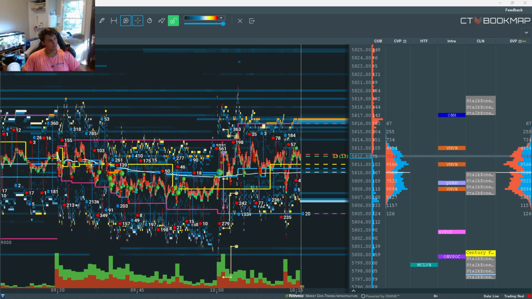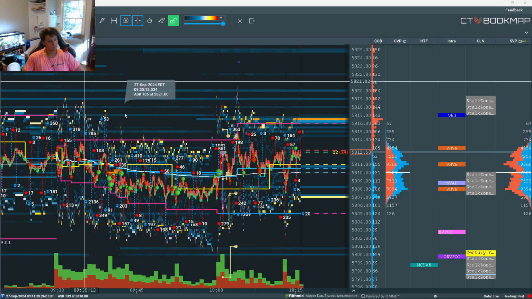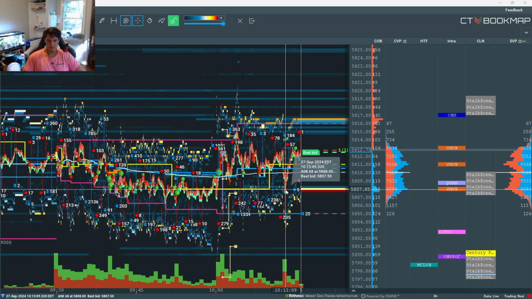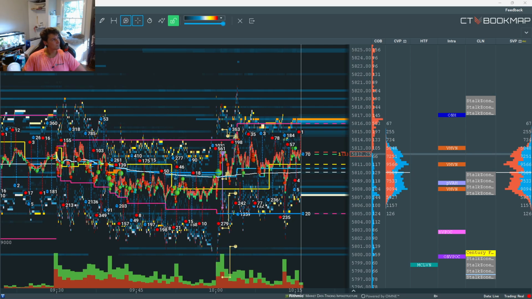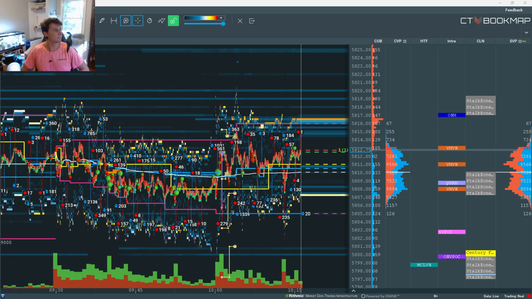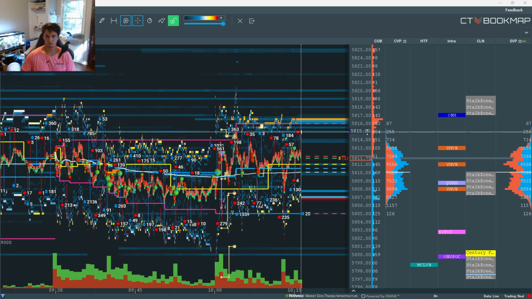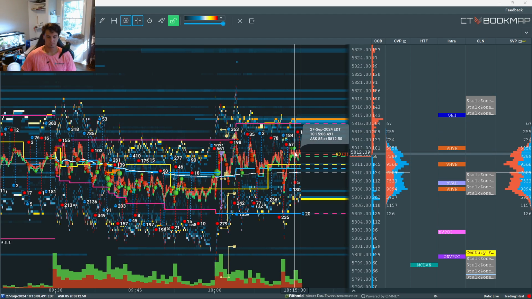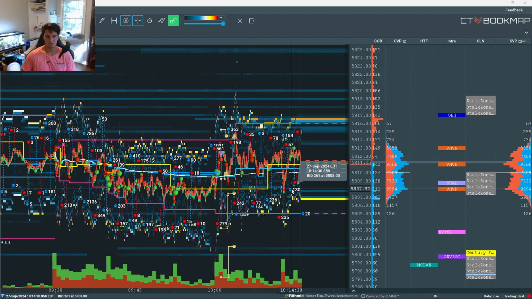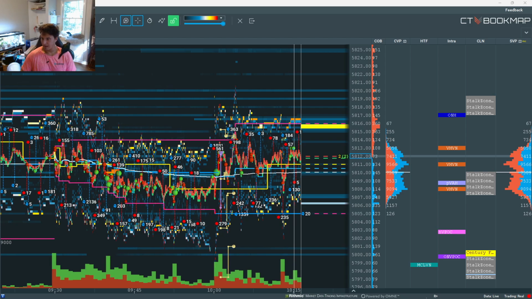Yes, that test yielded a long setup for me. Risk off looking for developing high and perhaps overnight high. Really not a lot here for me in this environment. This test. Yeah, that was a pretty hard test to catch.